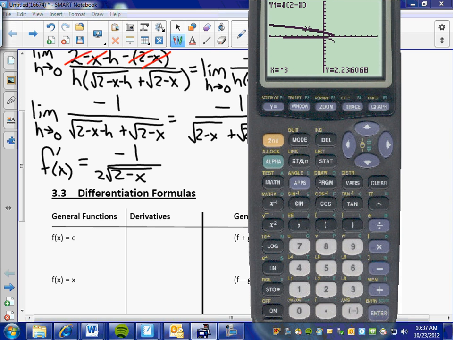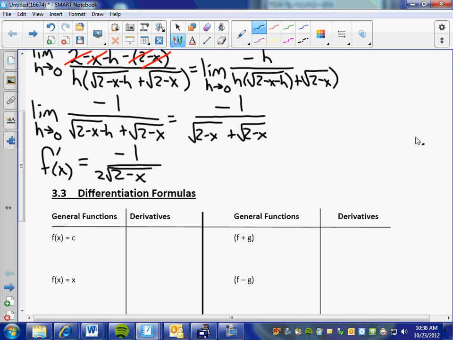As you can see, it tells you what you get if you plug in negative 3. This guy's the derivative, right? So it looks like f prime of negative 3 is equal to negative 0.22. So I'm going to write that down. f prime of negative 3 is equal to negative 0.22.